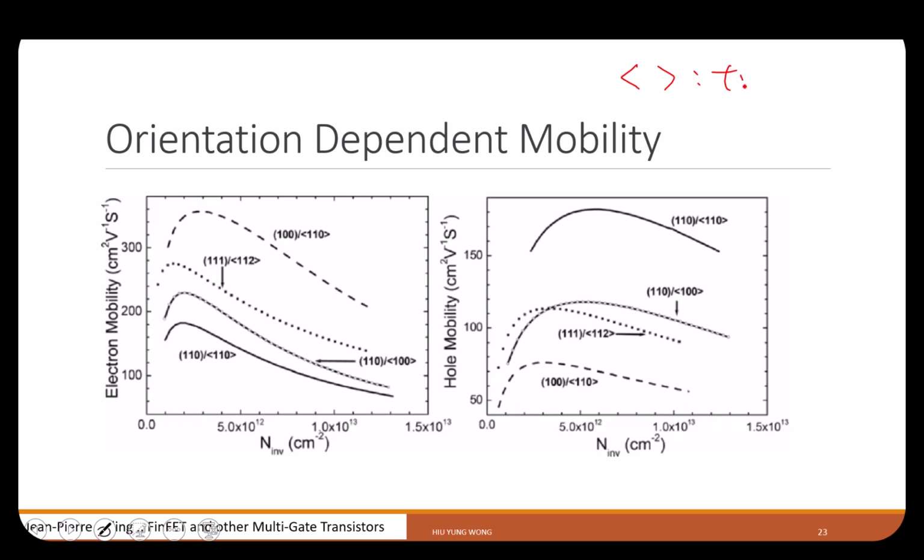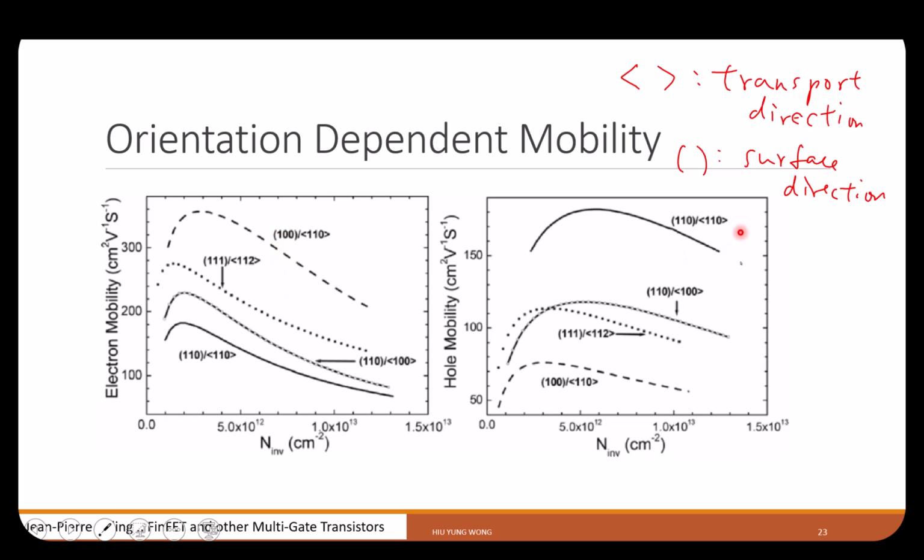This is the transport direction. And this is the surface direction. So, okay, when you read this graph, it turned out that for electron, it is the fastest when you are transporting in the 1, 1, 0 direction, but on the 1, 0, 0 surface.